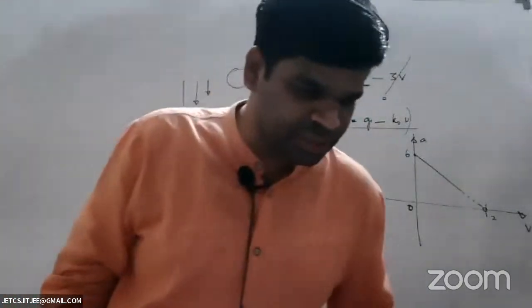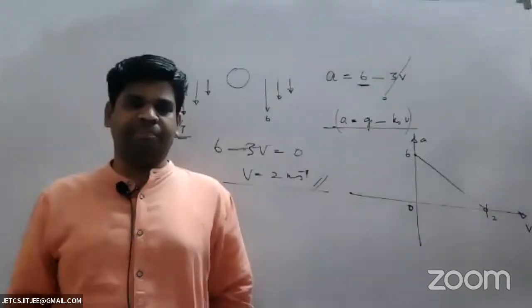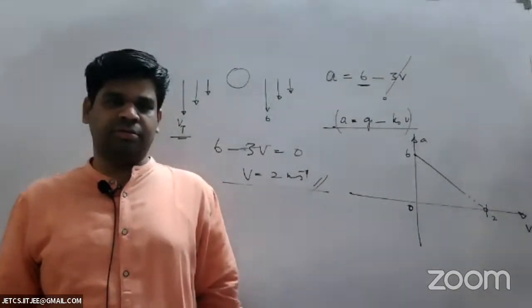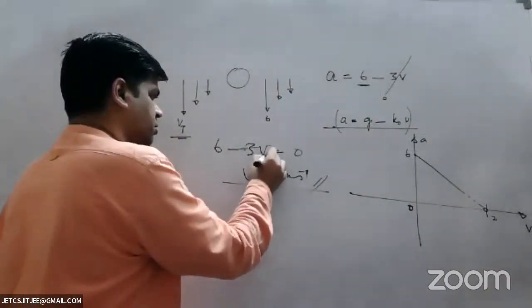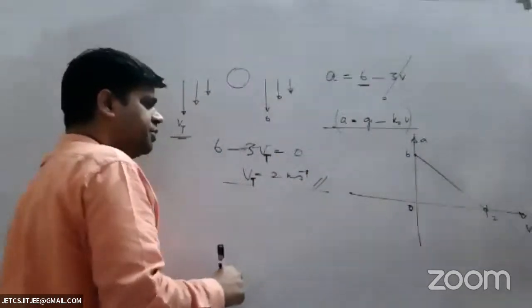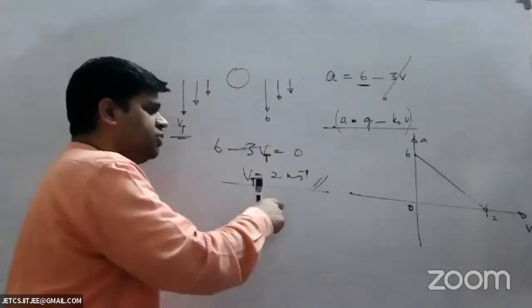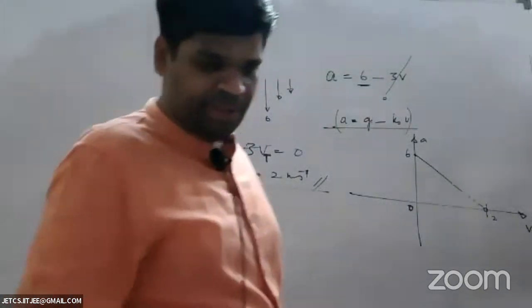So first option says terminal speed is 2 meters per second. So is it correct? At Vt, my acceleration becomes 0. So I equate acceleration to 0. I get 6 minus 3 Vt equal to 0. So Vt is equal to 2 meters per second. So terminal velocity is 2 meters per second. So that's correct. Option A is correct.